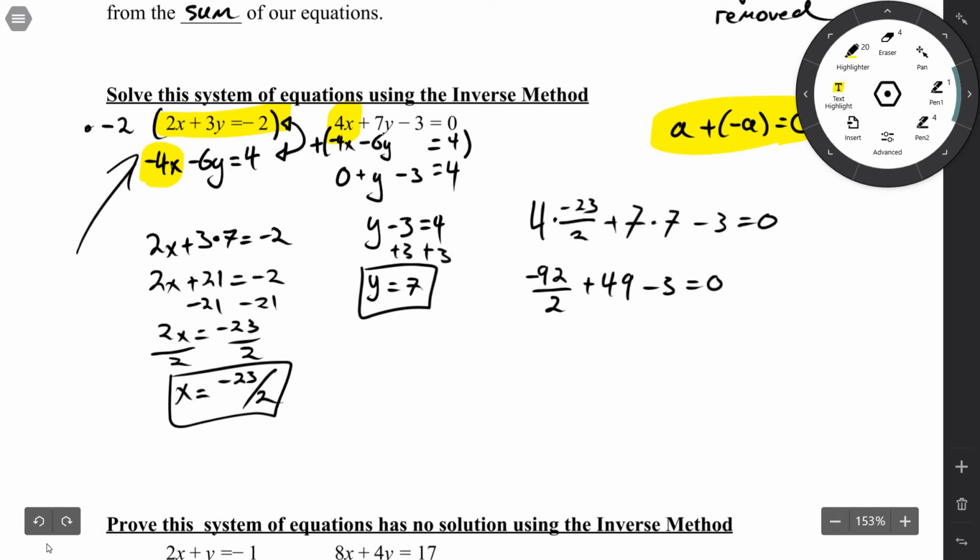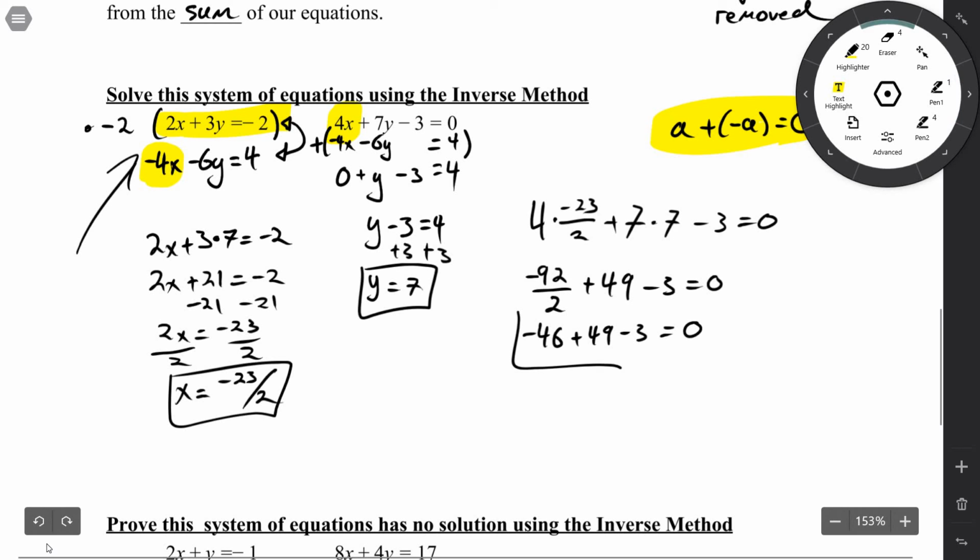Well, negative 92 divided by 2 would be negative 46 plus 49 minus 3, I think does in fact equal 0. Yeah, because 49 minus 3 would be positive 46. Hey, look, the inverse would show back up again. We'd get negative 46 plus 46 does in fact equal 0, so this checks out.